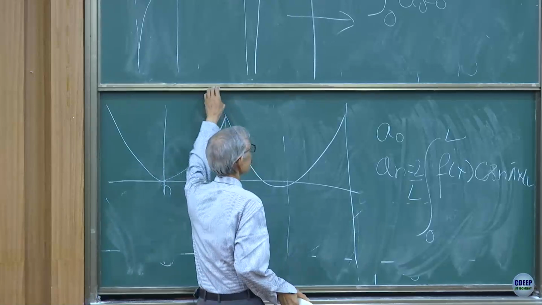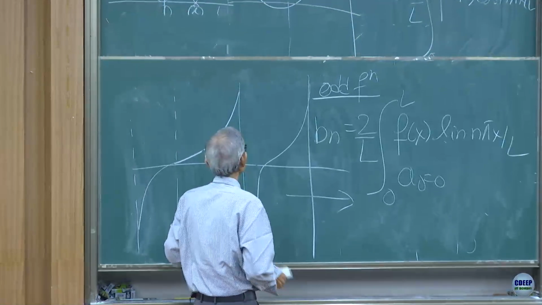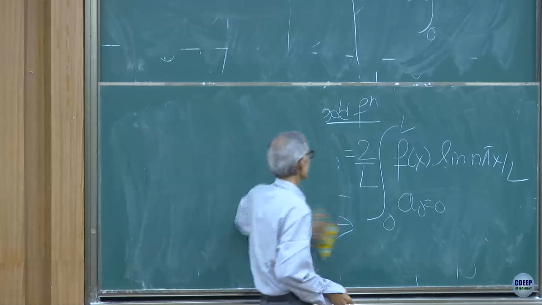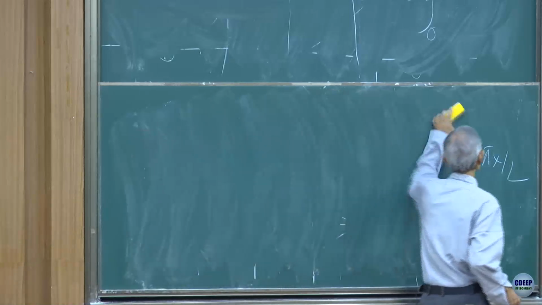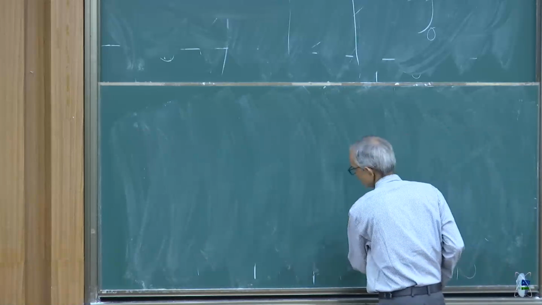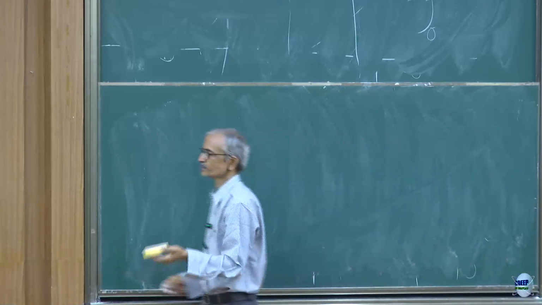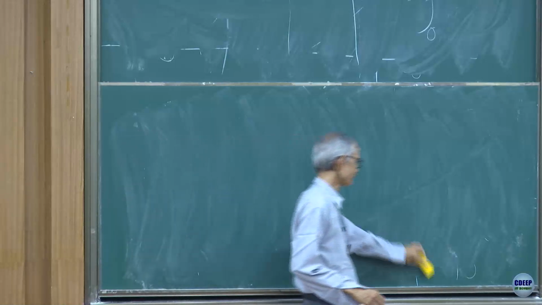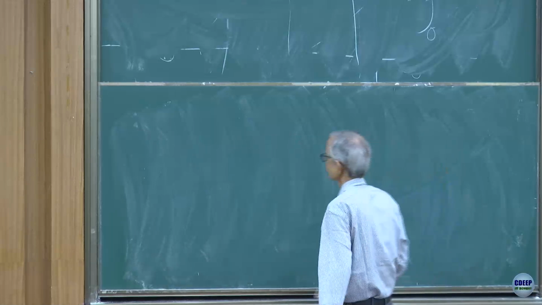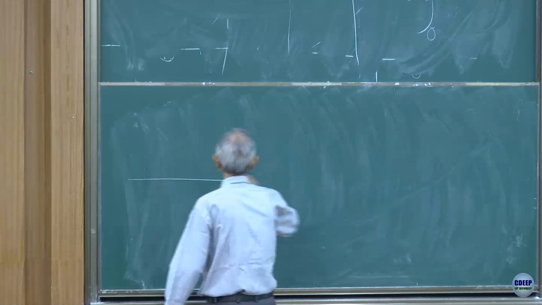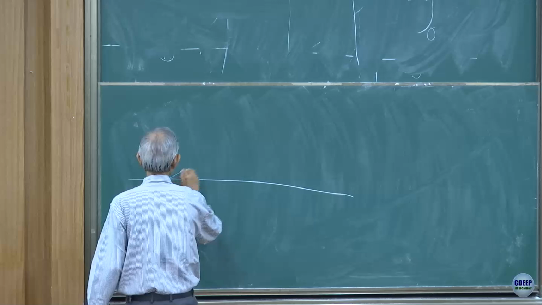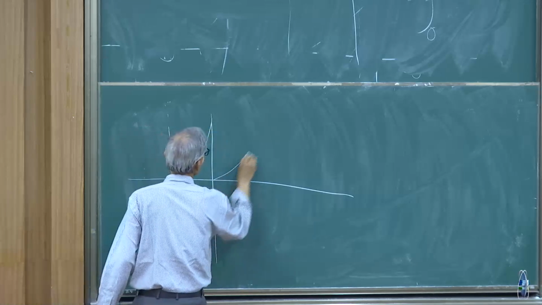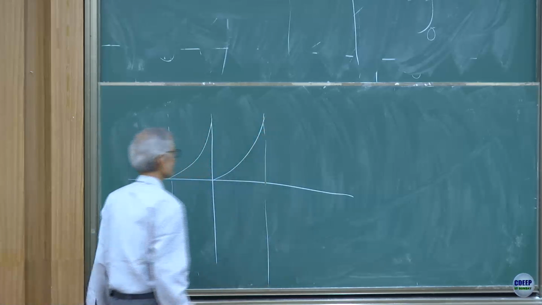Suppose now that I don't like it, and all functions need not necessarily be representable as even and odd functions. So we say that I have got this guy here and I want to represent it like that.